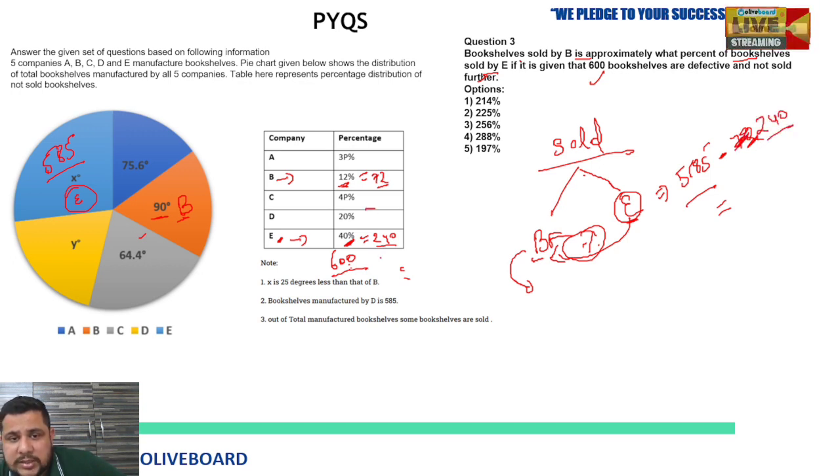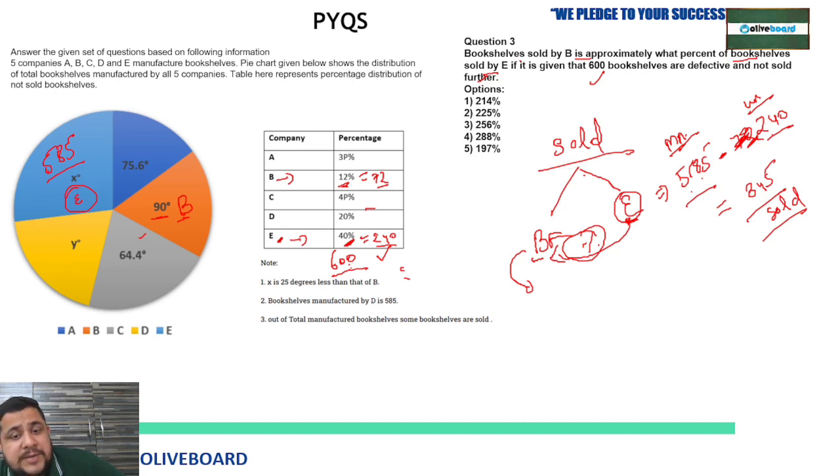If we talk about E, 240 are unsold and 585 manufactured. So 585 minus 240 is 345. This is the sold number of books from E. Now we know E sold 345.